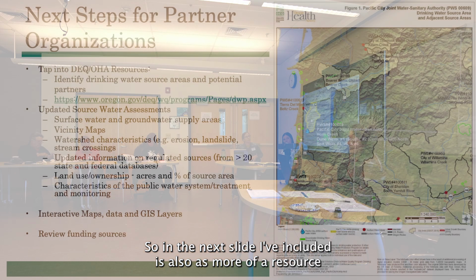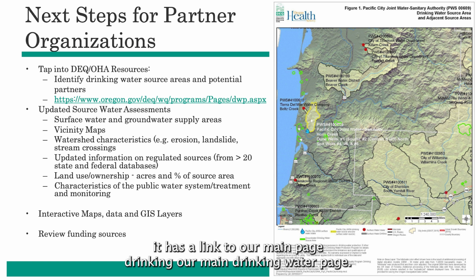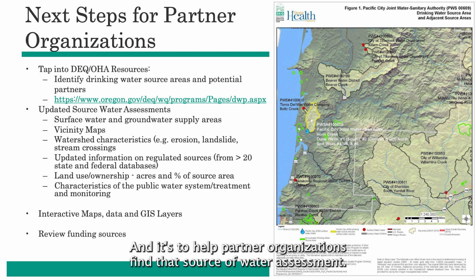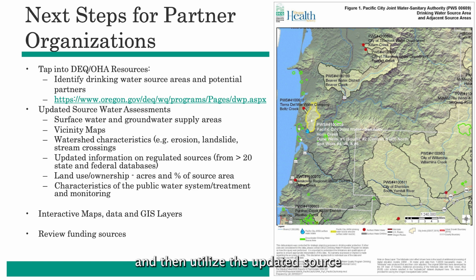And so the next slide I've included is also more of a resource. It has a link to our main drinking water page, and it's to help partner organizations find that source water assessment, and then through that identify potential drinking water source areas and partners, and then utilize the updated source water assessment.